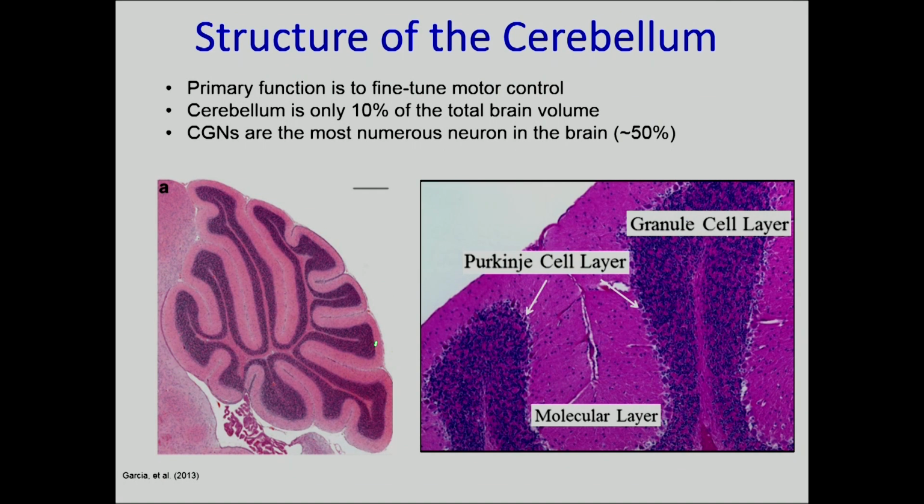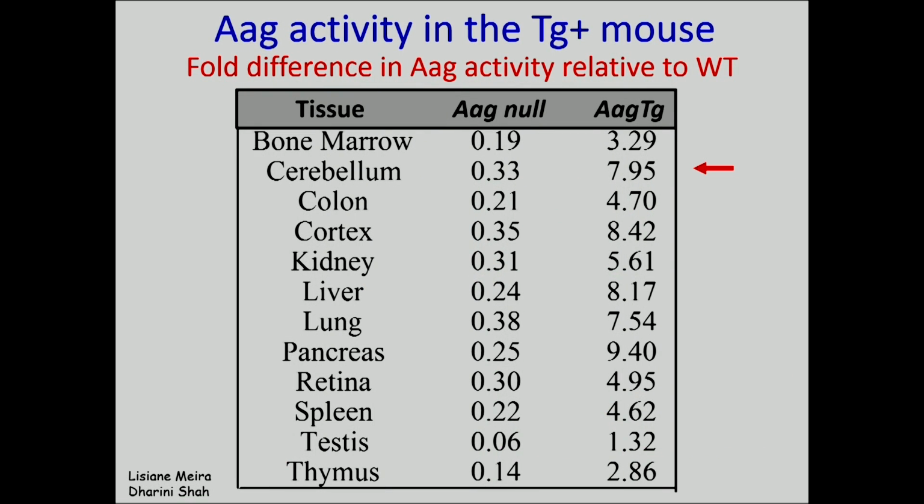And looking a little more closely at these lamellae, these folds are filled with cerebellar granule neurons, which actually represent 50% of the neurons in the brain, even though they're embedded in a little tiny structure that's only about 10% the size of the brain. And it's these cerebellar granule cells that show this peculiar phenotype of being very resistant to alkylating agents if you do not initiate base excision repair.